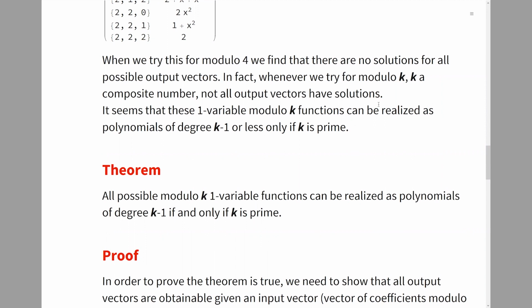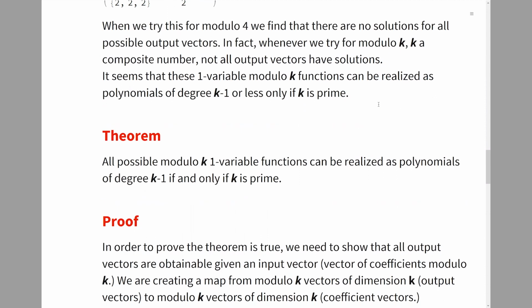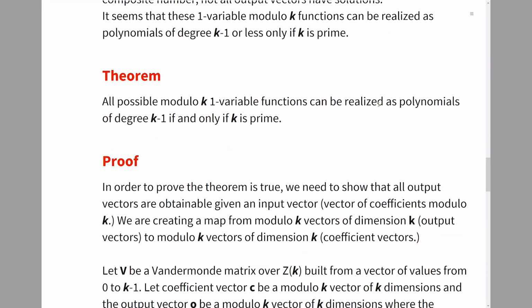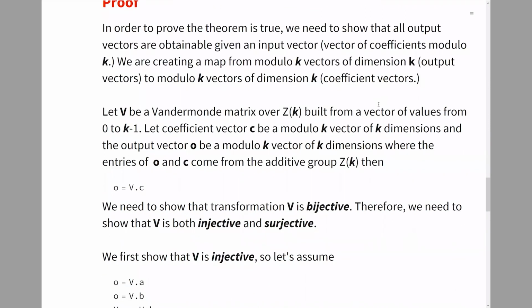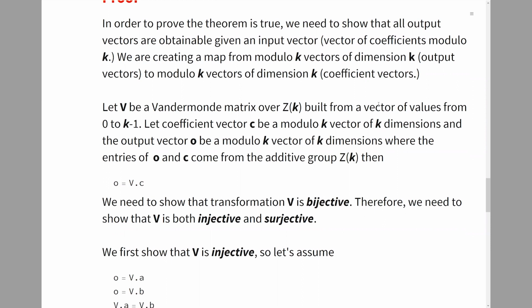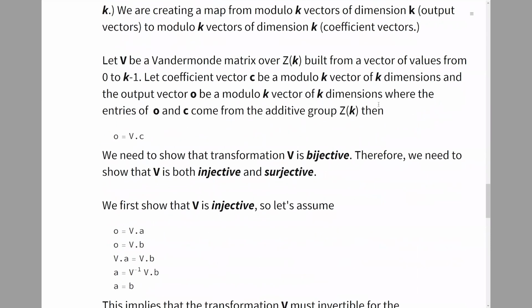I'm sorry, but I was interested in this, so I started working on the proof, and then realized that the interesting thing about the Vandermonde matrix over Z_k is that it has certain properties. I was able then to look into something like this.